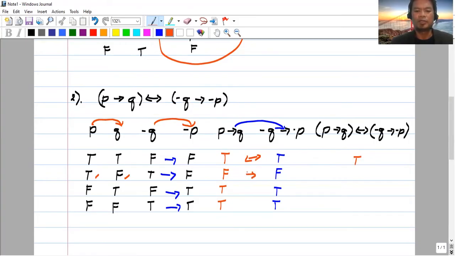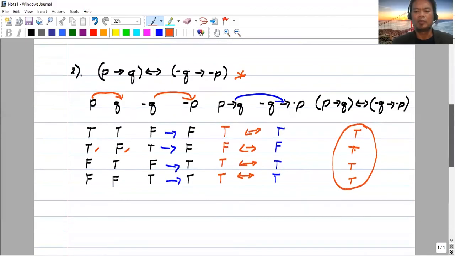False if and only if false is true, I should say. And then true if and only if true, and true if and only if true. So the truth value of this compound proposition is true, true, true, true.